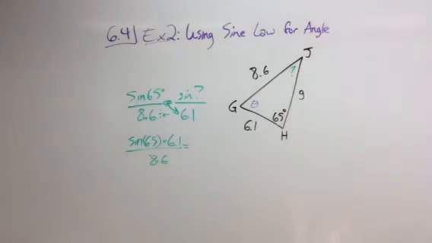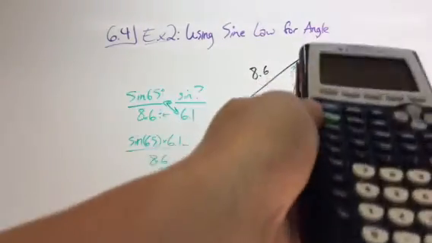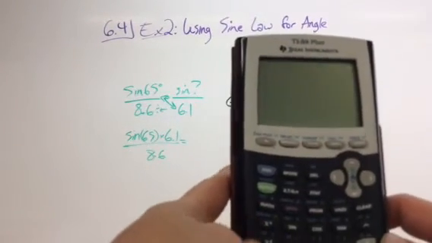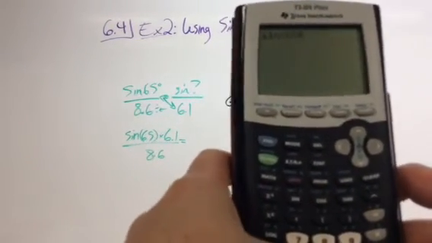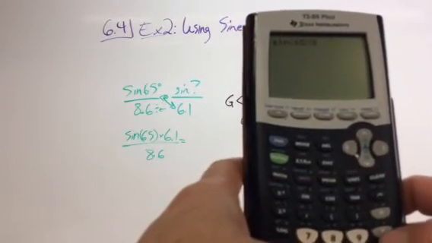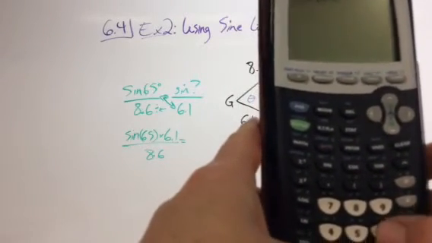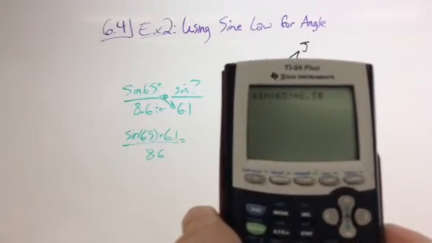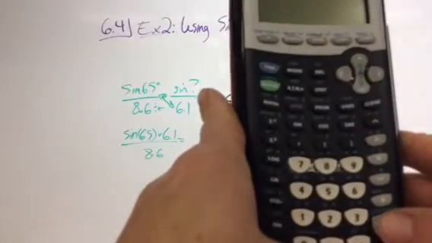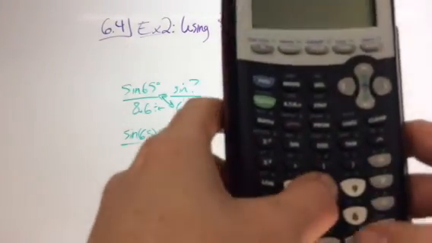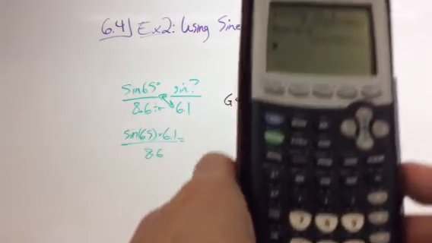So when we run this one through, we're going to go sine 65 bracket, and then we're going to multiply 6.1. Sorry, can't get it all on here. And then I just like to hit the enter button and get my new total before I divide by 8.6.